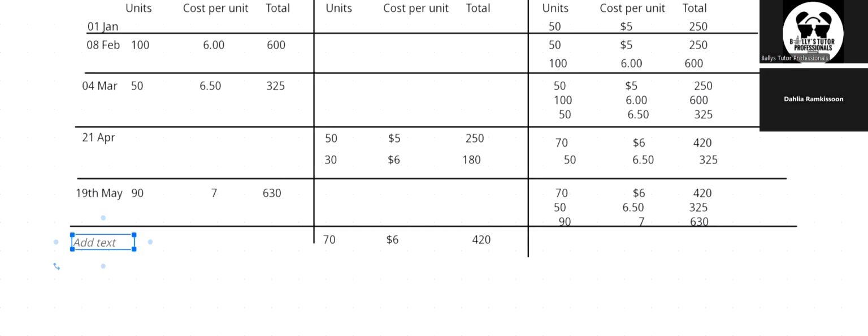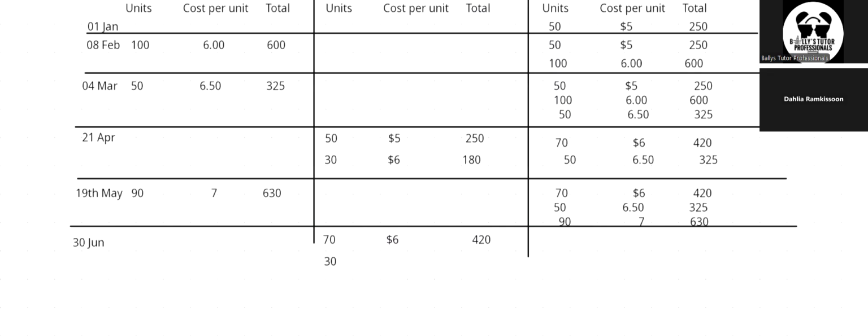And where would I take the 30 from? The 90? Are we going in order? First in, first out. We just took from the 70. So what will be the next in line? The 50. So taking the 30 from the 50.